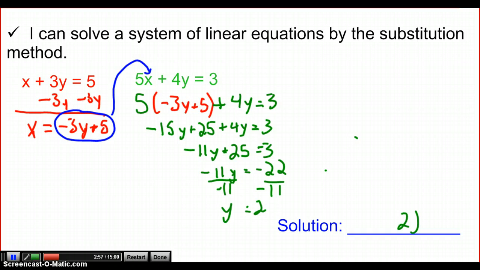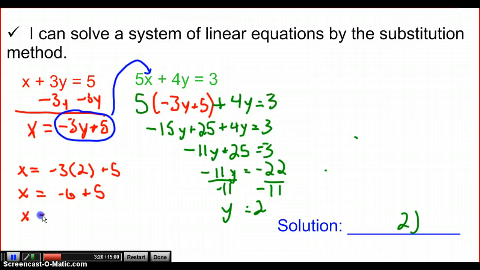Now, in order to find the x-coordinate, we need to take our y value of 2 and substitute back into the first equation. So x equals negative 3 times 2 plus 5. We end up with x equals negative 6 plus 5.